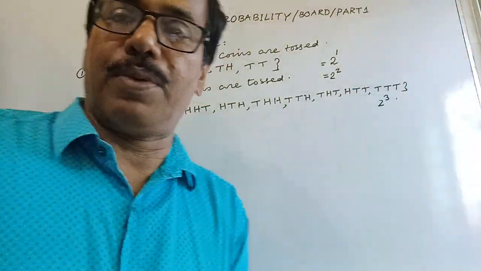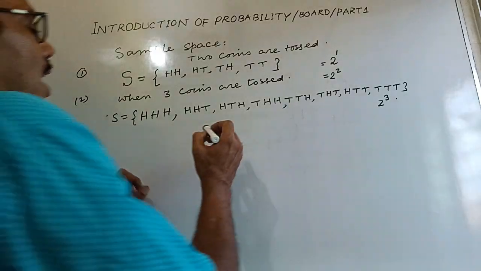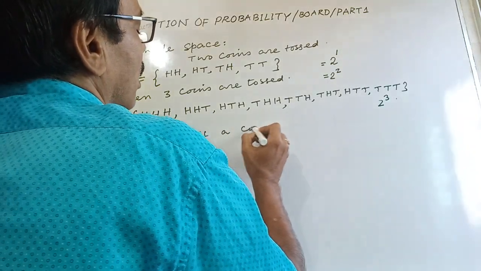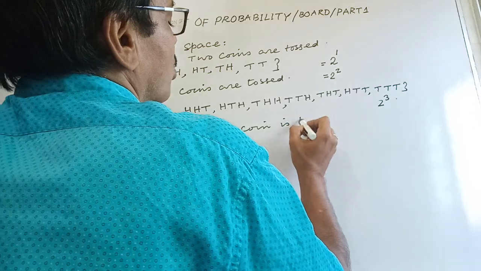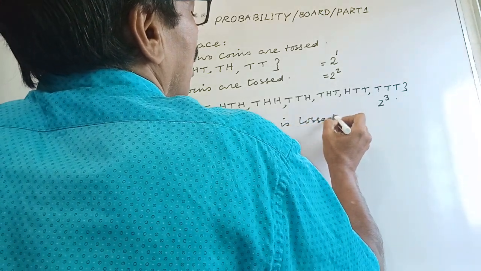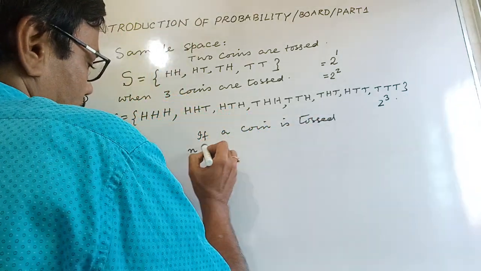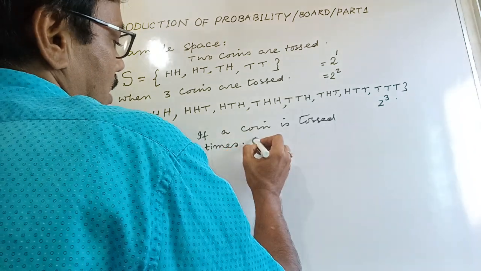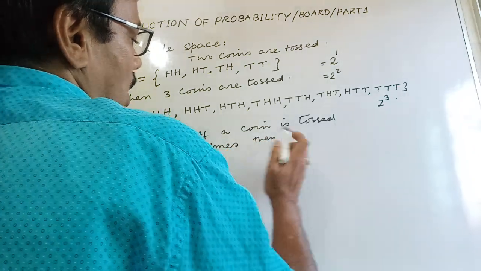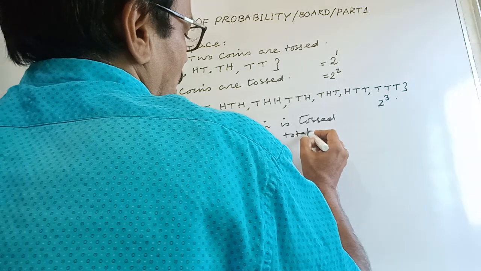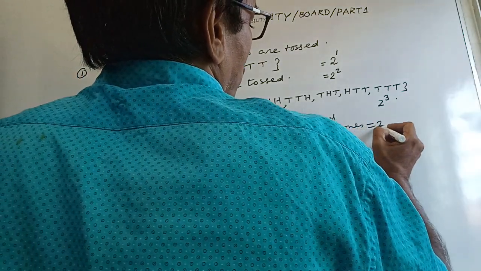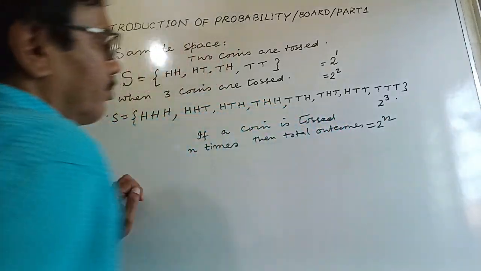Similarly, if a coin is tossed n times, the total outcomes are 2 to the power n.